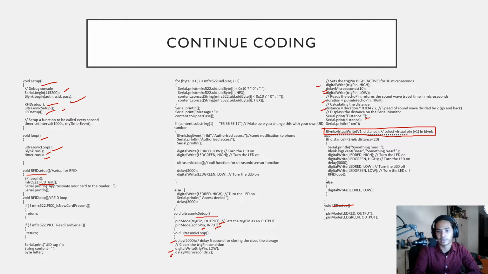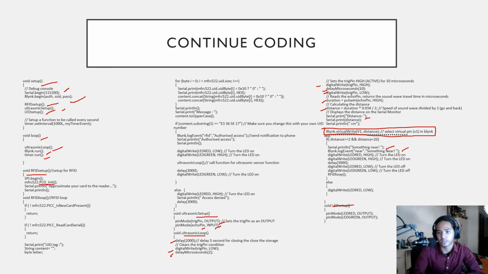And then I also use an if loop. If the distance is more than 2 and below 20, meaning someone is near the system, I'm going to print out the notification and LED, which will make my system turn on like that.